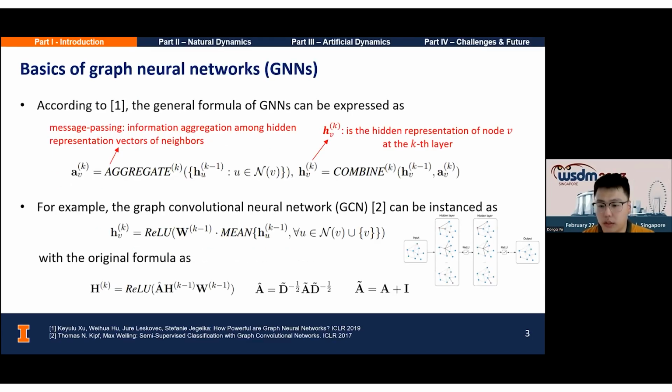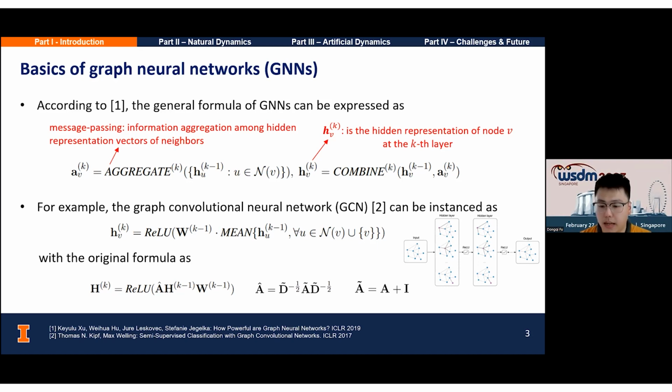According to the research, the general formula of graph neural networks can be expressed as follows. In a layer of a certain graph neural network, an aggregate mechanism, or so-called message passing schema, is called to aggregate the information for a node from its neighbors at the previous layer. Then a combine mechanism is used to combine the aggregated information with the node representation at the previous layer to obtain the node representation at the current layer.